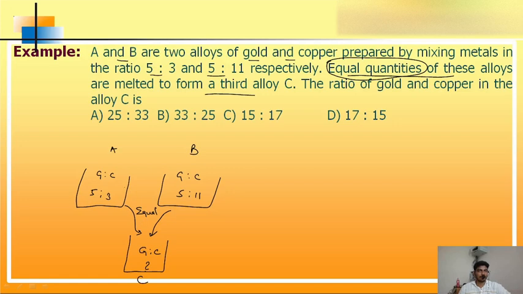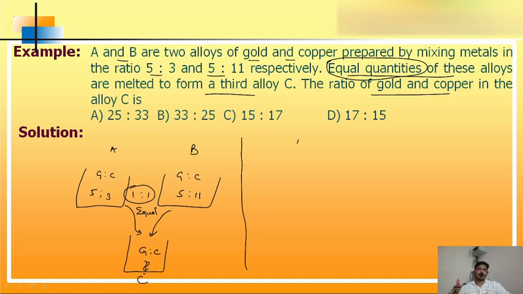Equal quantity is nothing but taking one part from alloy A and one part from alloy B. Then what he asked is the ratio of gold and copper in the new alloy. First we'll explain this using the general method, and after completing it, we'll see how to approach it with a shortcut method.